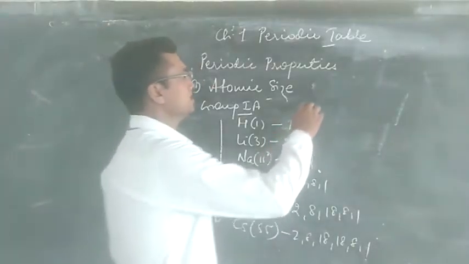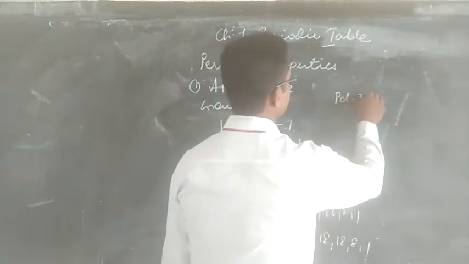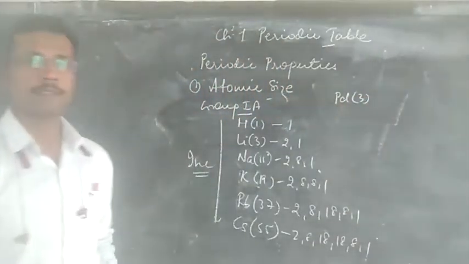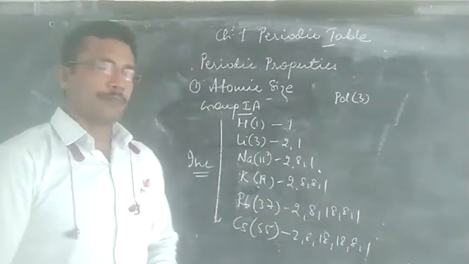Now on moving across the period, let me take an example of period number 3 to see what happens to the atomic size.